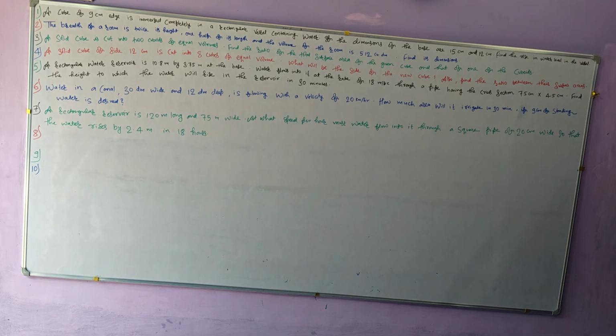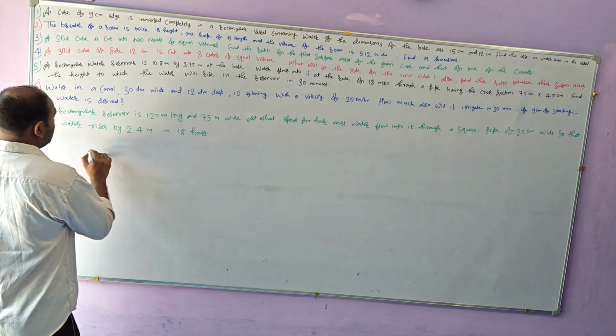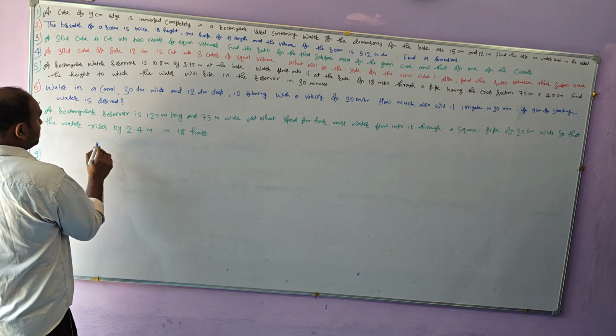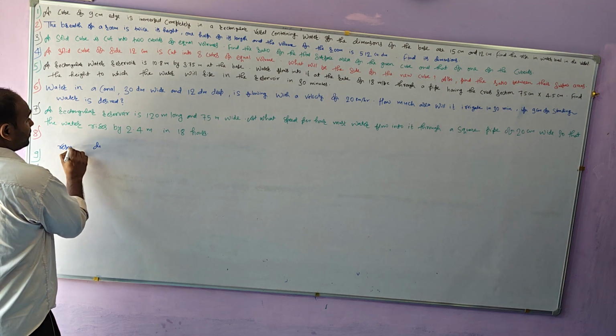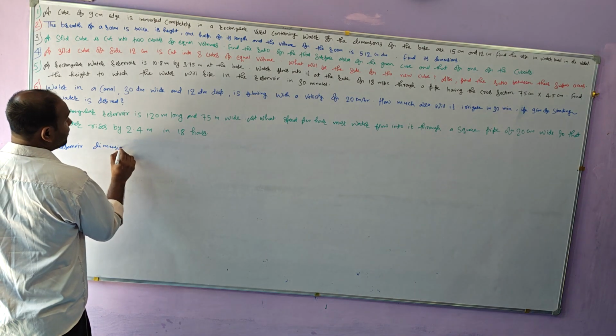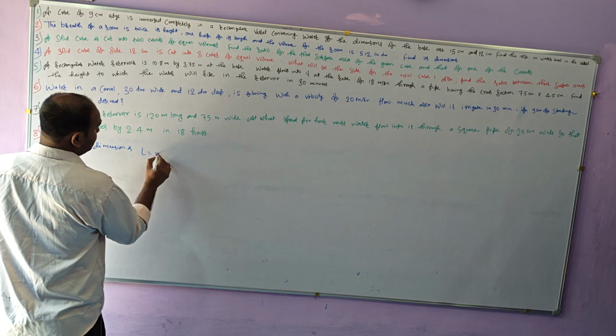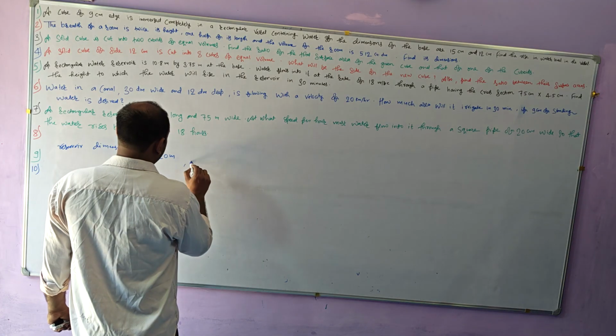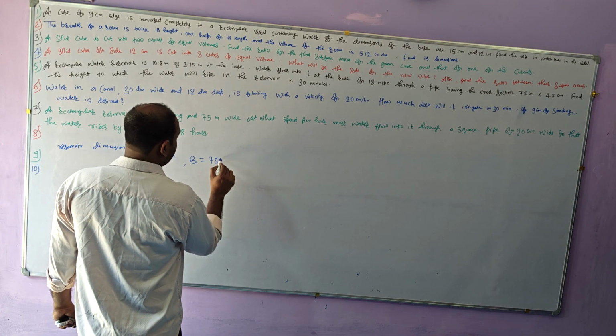That means a rectangular reservoir is 120 meters long. That means the dimension is L is equal to 120 meter and B is equal to 75 meter.